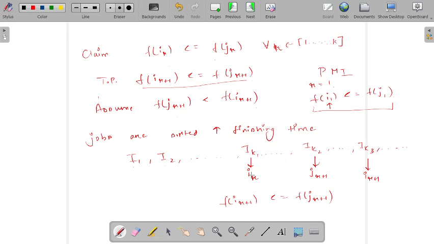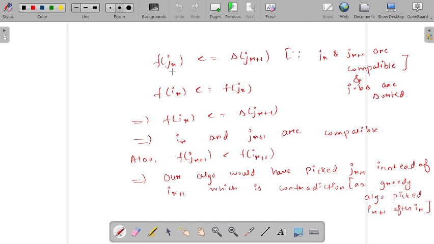And we see that IK1 is equal to IR. That means this is the Rth job in the greedy solution, and IK2 is the R plus 1 job in the optimal solution, and IK3 is the R plus 1th job in the greedy solution, right?